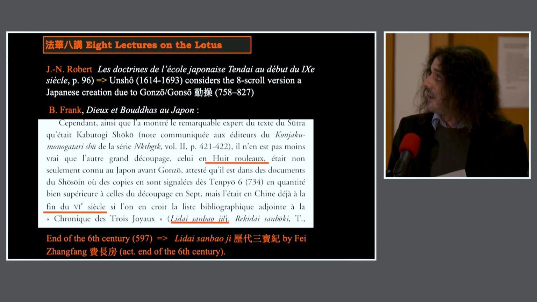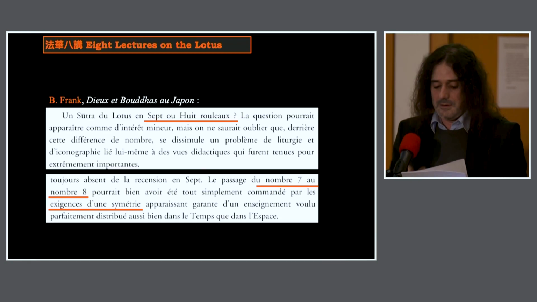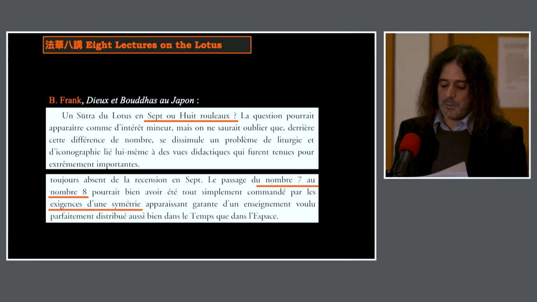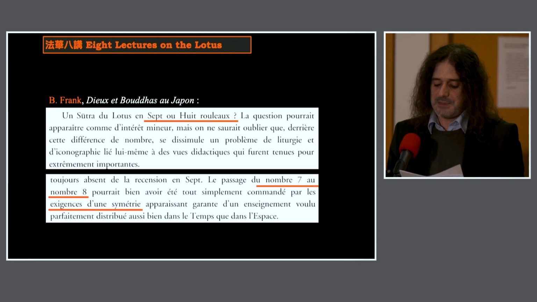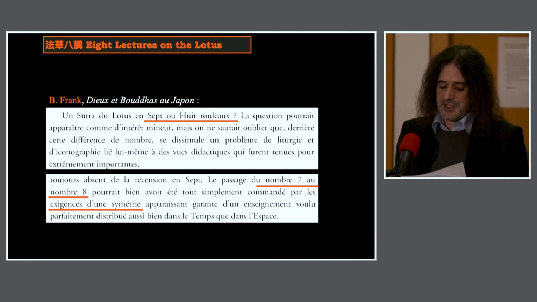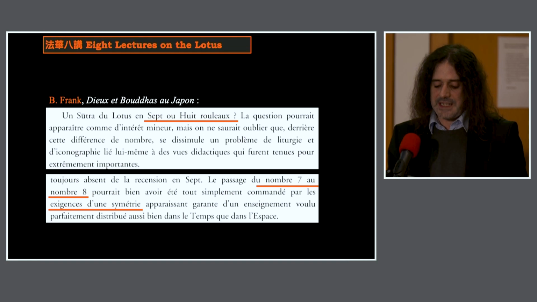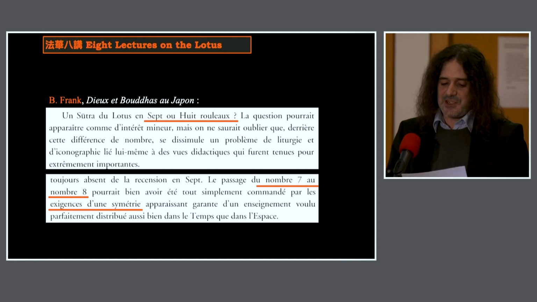So it is the opinion of Professor Bernard Frank and others that this division in 8 codicological units was produced due to a specific need for symmetry with the above-mentioned religious practices involving 8 preaching sessions, in order to make one scroll for each preaching session.